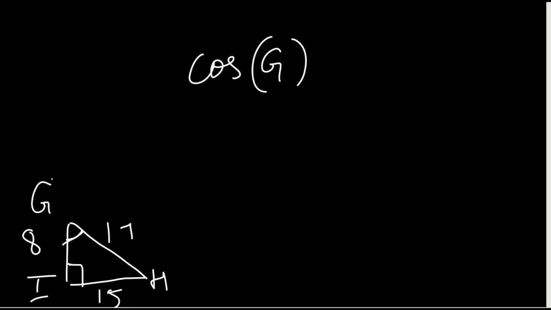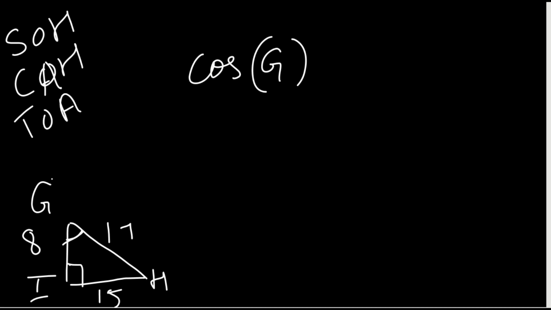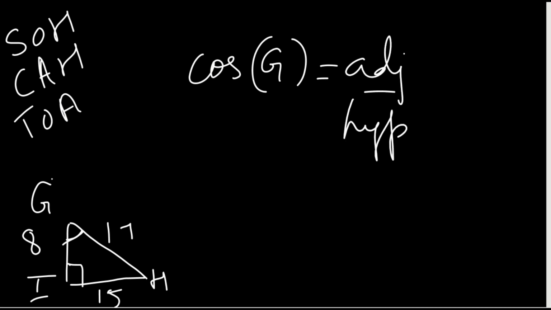Cos of G is nothing but, remember this, TOA. So cos is nothing but adjacent by hypotenuse.